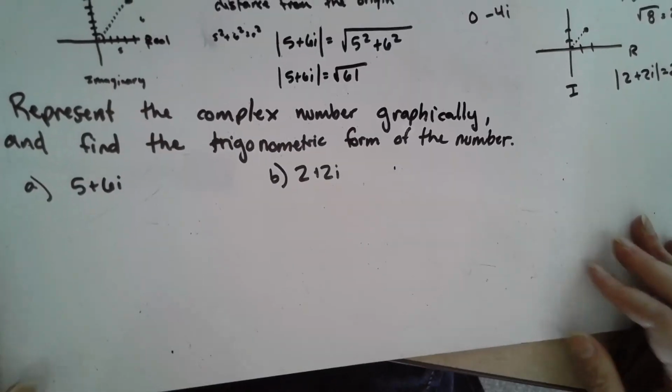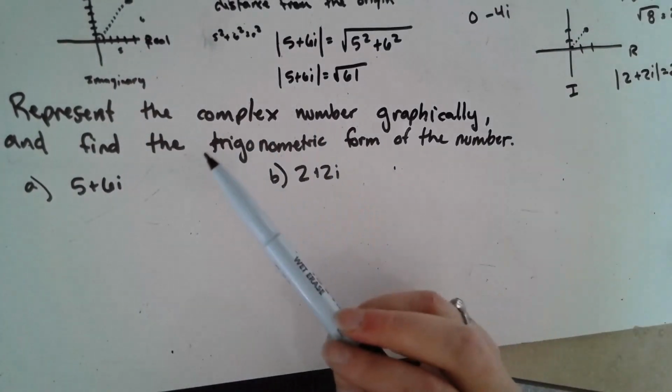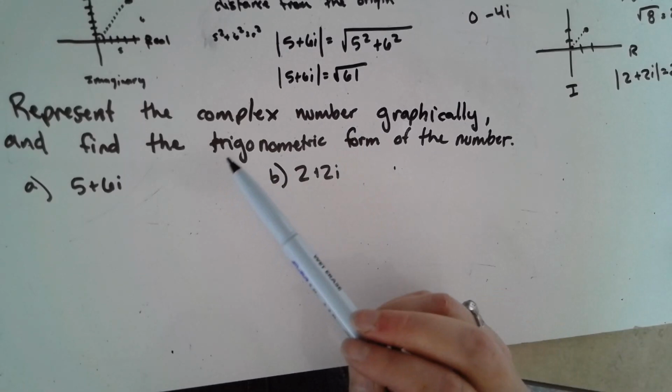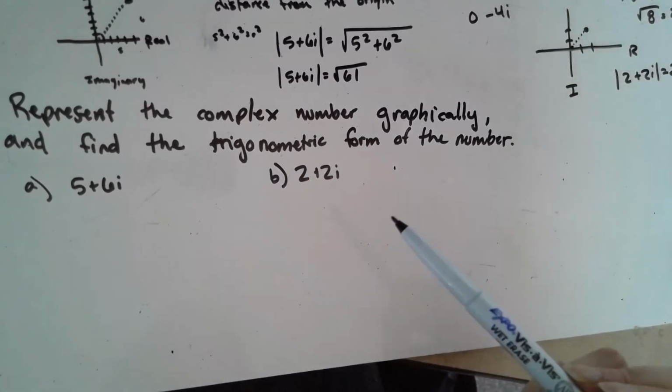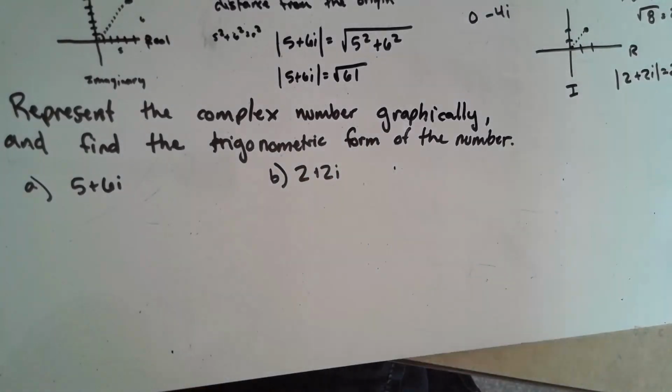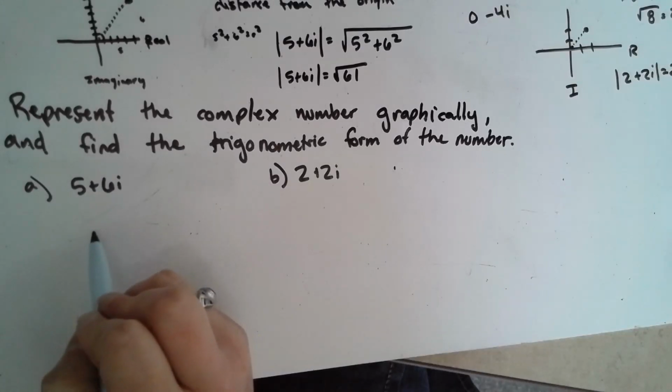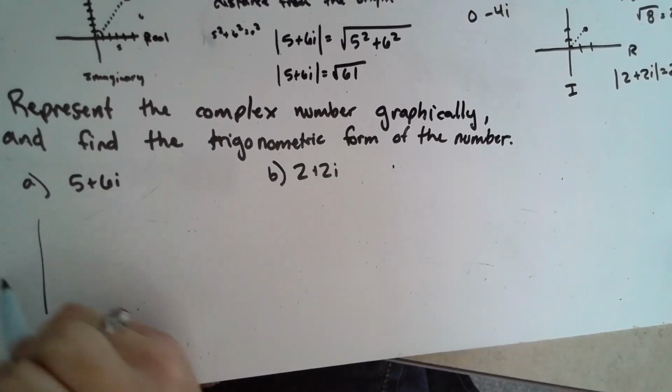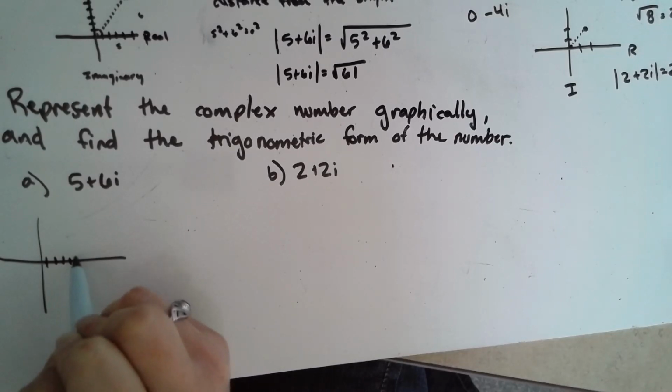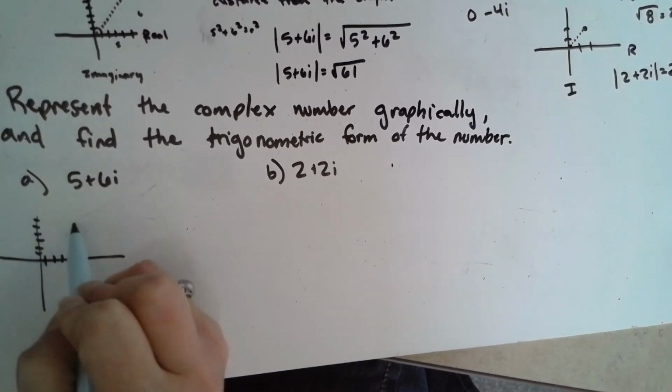Next thing we're going to do is represent graphically and then find the trigonometric form of the number. First, we technically already graphed this one, so I'm going to just graph it real quick. 1, 2, 3, 4, 5. 1, 2, 3, 4, 5, 6.